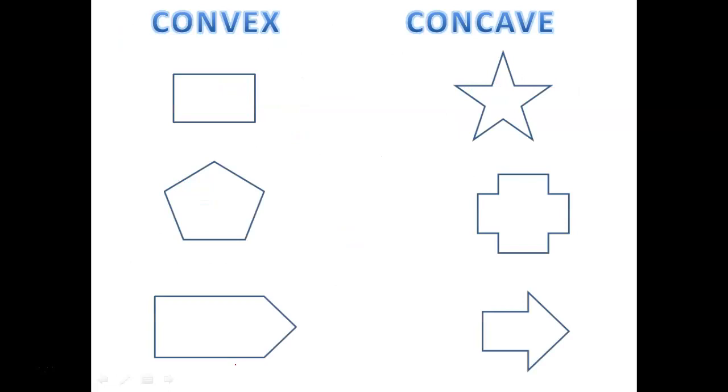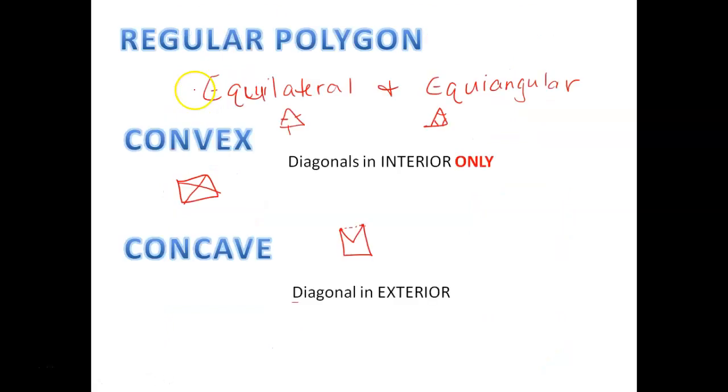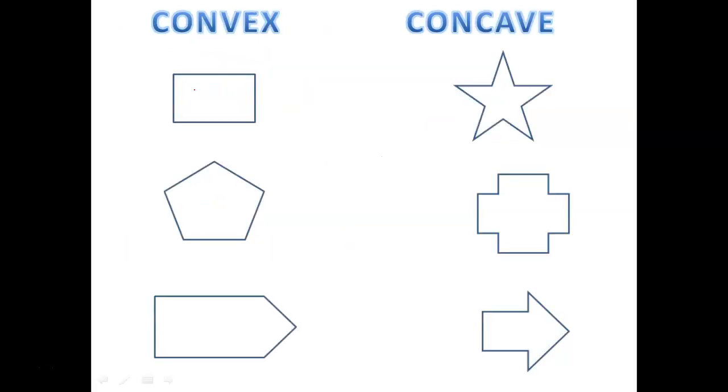All right, so on this slide, I have examples of convex polygons and concave polygons. You know how I said on the last slide that if it is convex, the diagonals are in the interior only. So, meaning from non-consecutive points, the diagonals are on the inside of the figure.